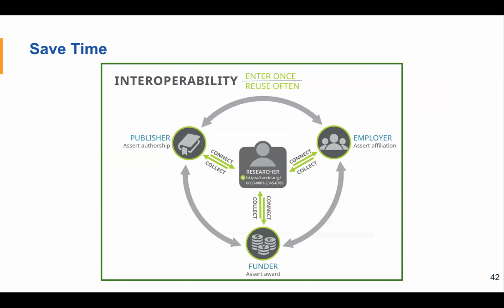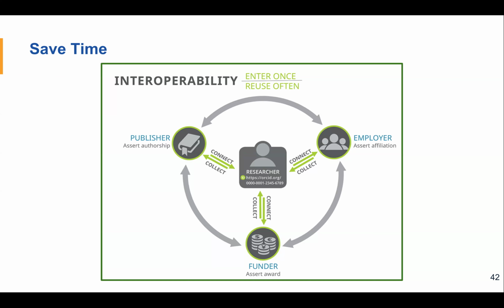So basically, ORCID is used by funders, publishers, and research organizations across the globe to uniquely identify the researchers they work with and to make any application and reporting requirements easier for researchers by allowing data to be transferred between ORCID records and local organizational systems. So in this graphic, you can see the researcher is at the center with their ORCID ID and their ORCID record.